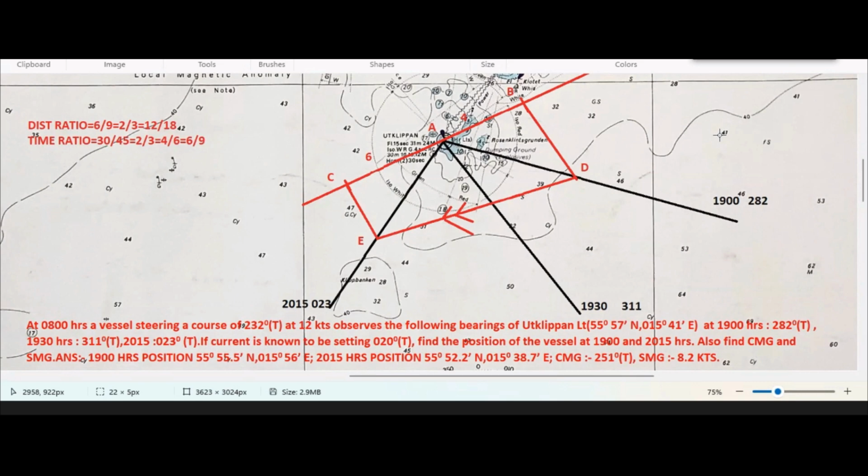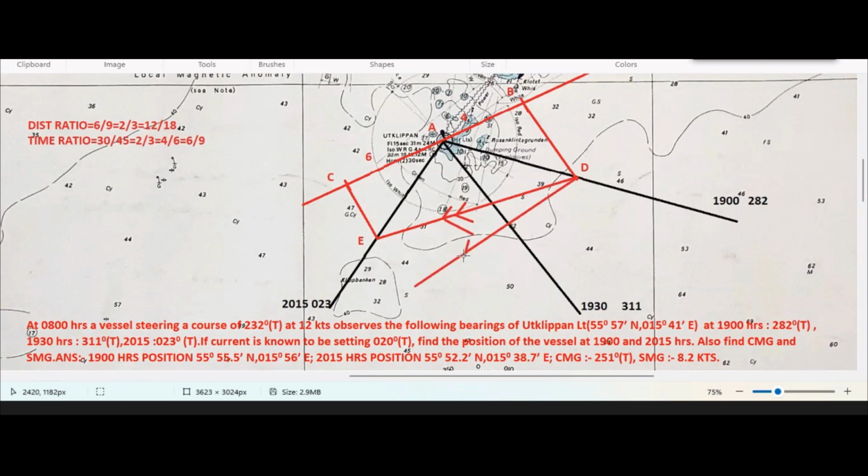Next step, the CTS is given, 232. From D, draw 232.